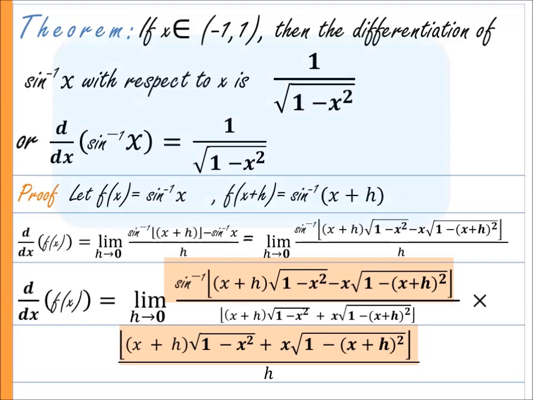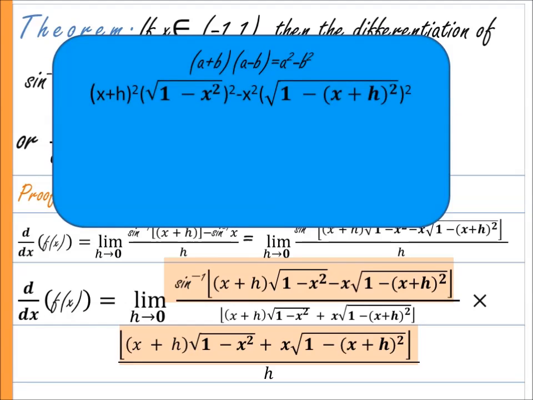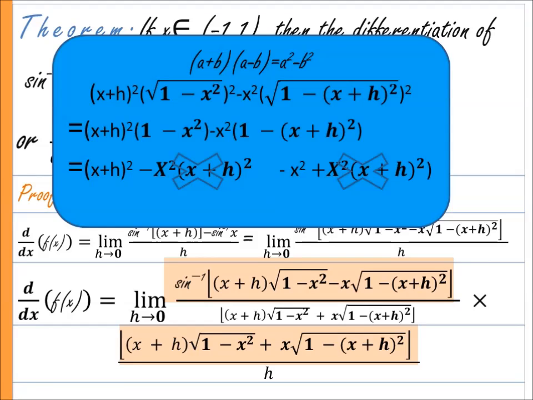So now this numerator becomes x plus h whole square into 1 minus x square minus x square into 1 minus x plus h whole square, which is equal to x plus h whole square minus x square into x plus h whole square minus x square plus x square into x plus h whole square.